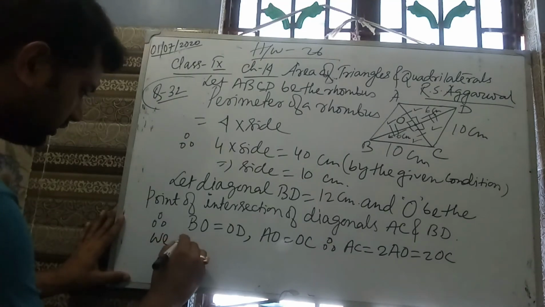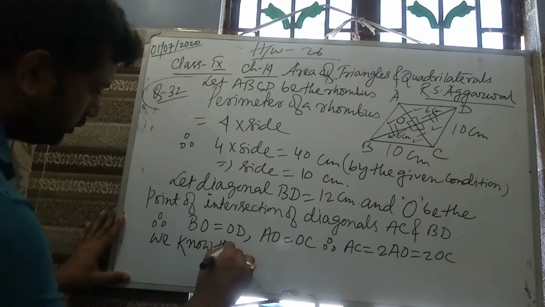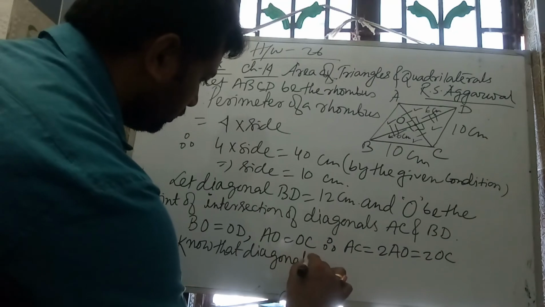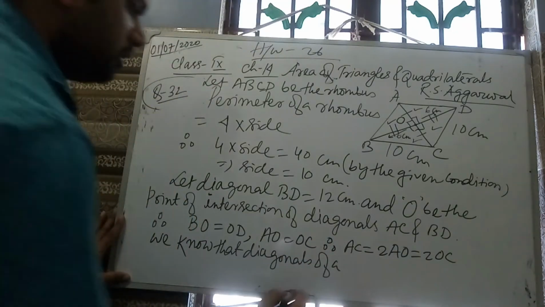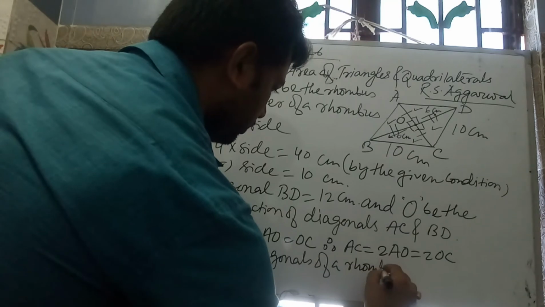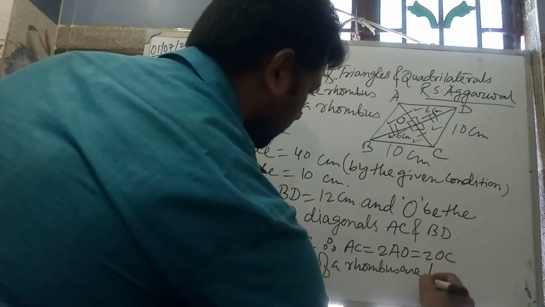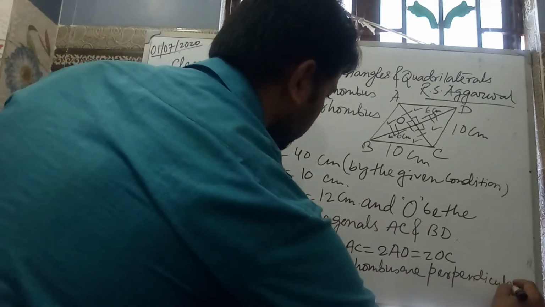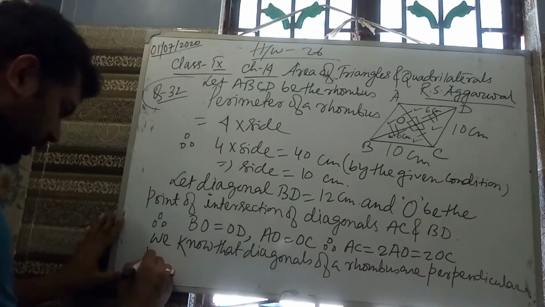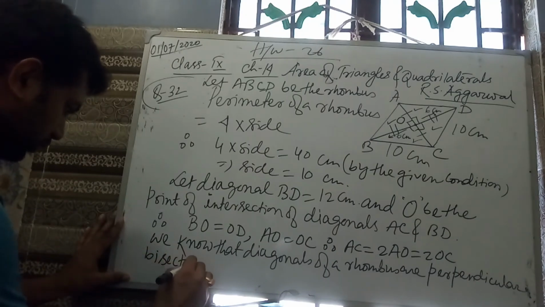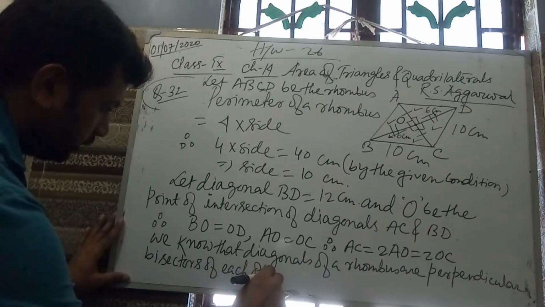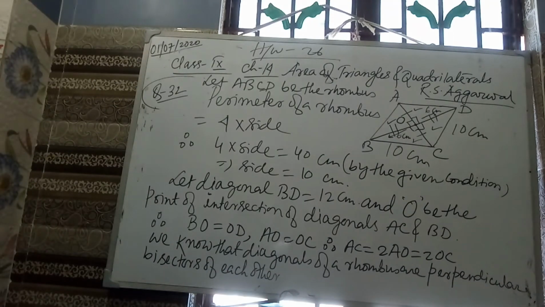We know that diagonals of a rhombus are perpendicular bisectors of each other.